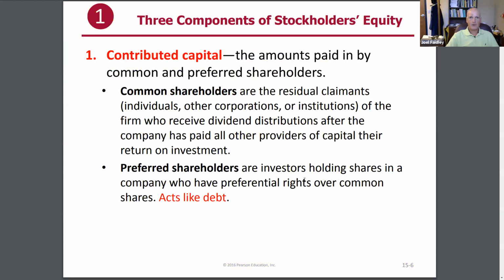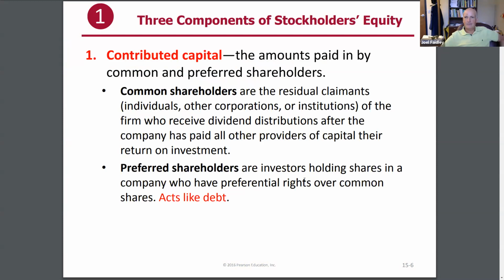So the first of the three components of stockholders' equity is contributed capital. Contributed capital has common shareholders and preferred shareholders. I have highlighted in red there that preferred stock acts like debt, and it does in a lot of ways, but it's always classified as equity.